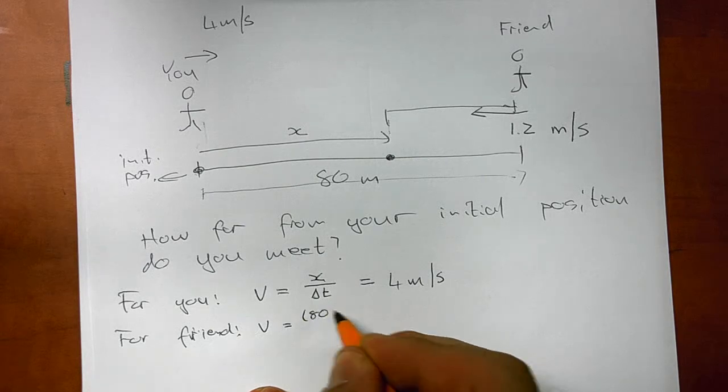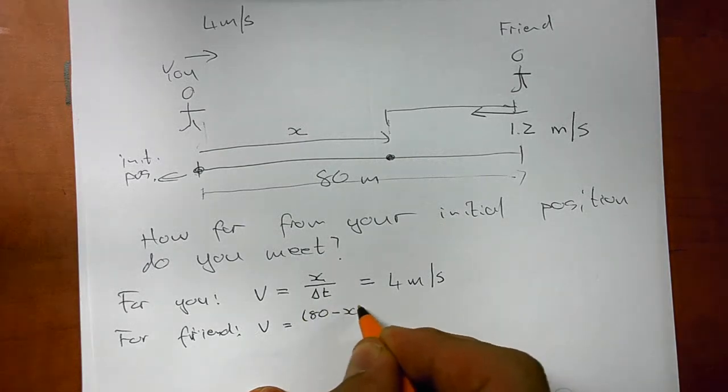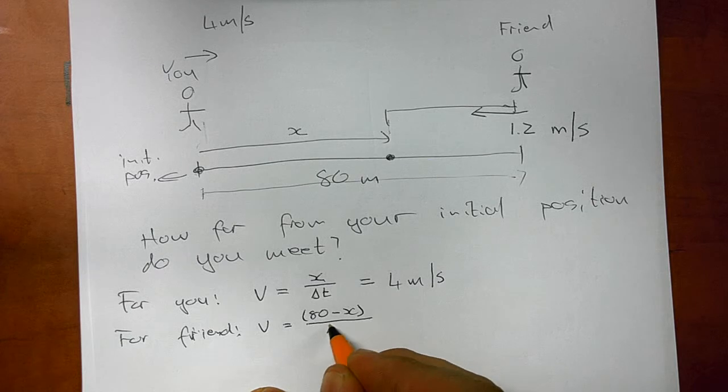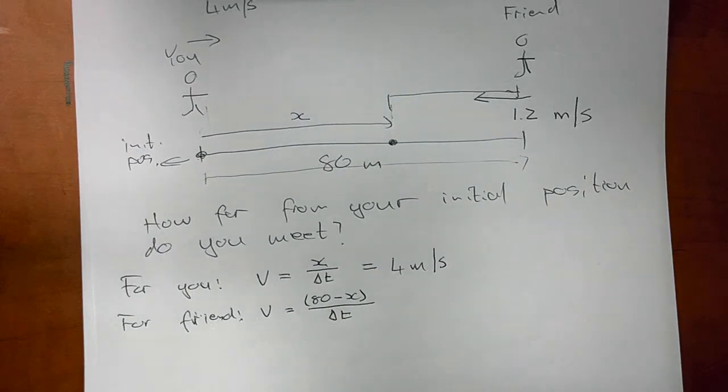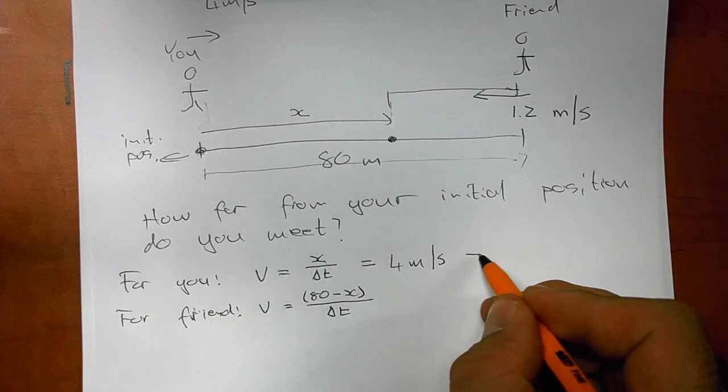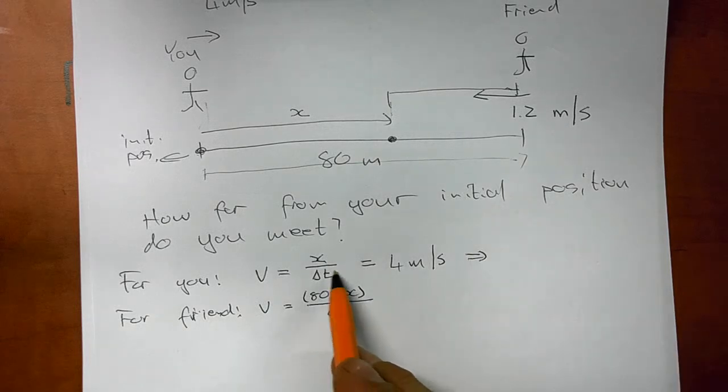Your friend travels a distance 80 minus x in the same time interval, because you meet up at the same time. So we can make time the object of this equation.